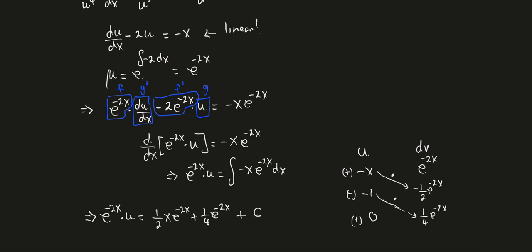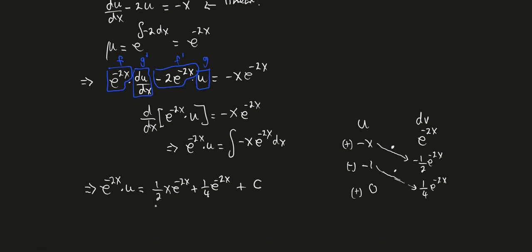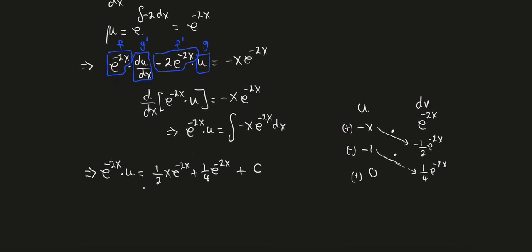And now let's go ahead and see. So solving for u, we divide each term by e to the -2x. So I have a u there, and then I'll have 1/2 x plus 1/4 plus c over e to the negative 2x.